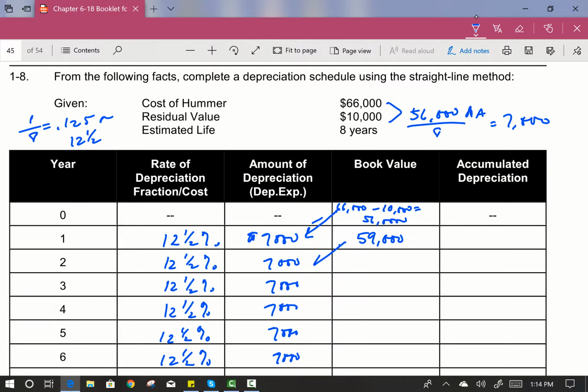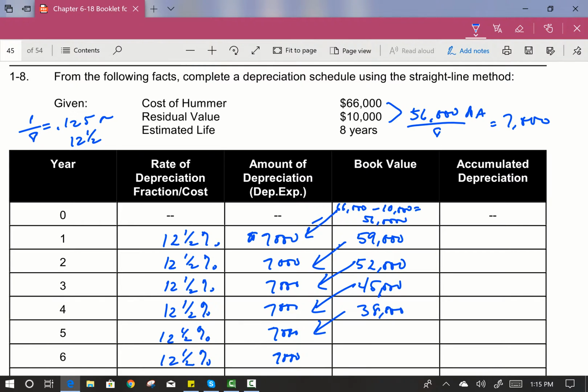Then 59,000 minus 7,000 equals 52,000. Then 52,000 minus 7,000 equals 45,000. Then 45,000 minus 7,000 equals 38,000.